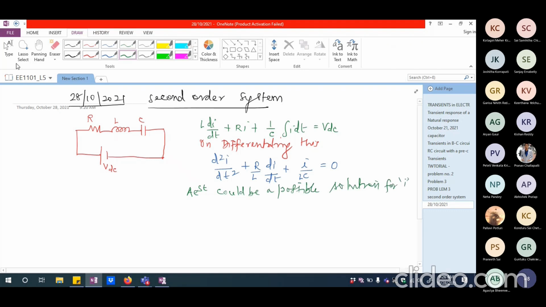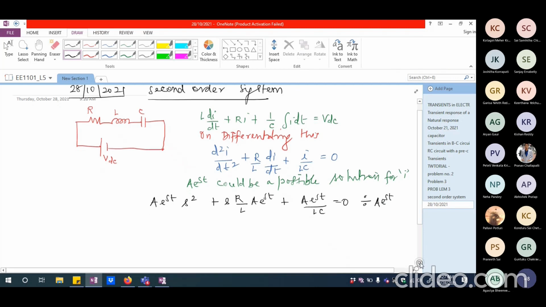So we wrote this as, basically substituting this for i, A e power st multiplied by s square, plus R by L multiplied by again A e power st, and then di by dt will give me s, and we said this is A e power st divided by LC equal to 0. I'm just recapturing whatever we did yesterday.